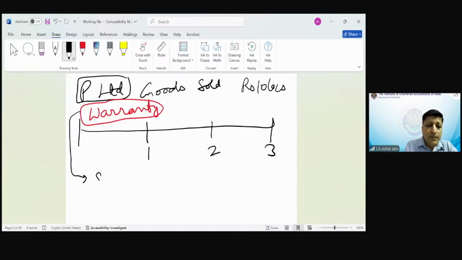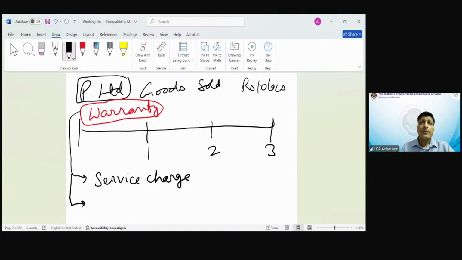First is the service charge. Service charge means, let's suppose a customer will come to P Limited. P Limited will do the repair. So for repair, some labor charges will be incurred or not. P will have to deploy its people. But that service charge, the customer will not bear. P will have to bear that cost. Okay. So that's one.